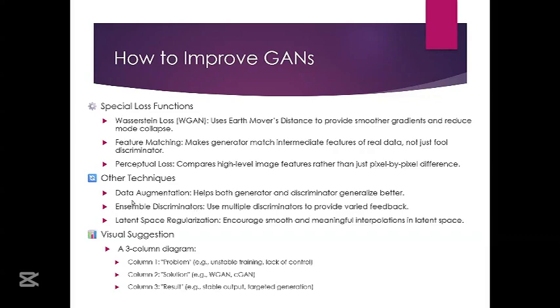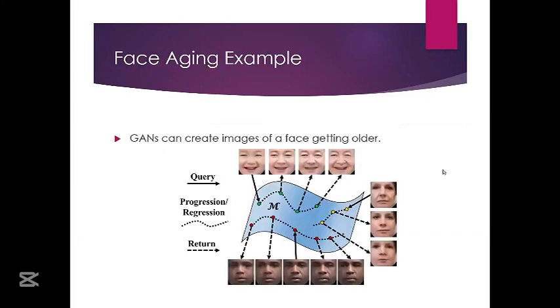We have ways like data augmentation, we can ensemble the discriminator, and we can do transfer learning. There are a lot of ways to improve the discriminator's knowledge, so that we can generate a better output.